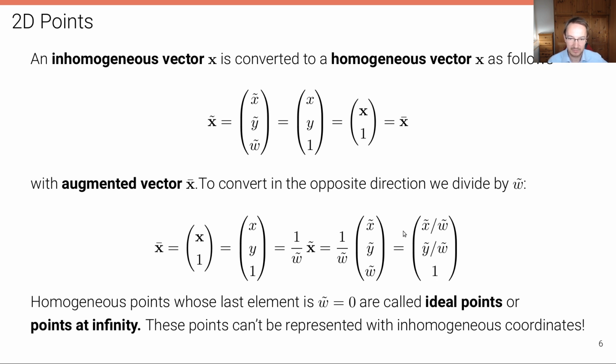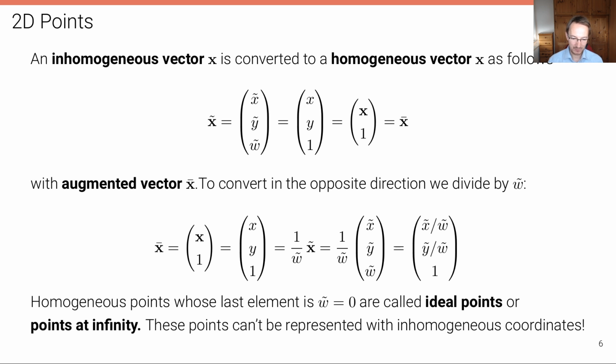And so this is then, as we see, an augmented vector, because by definition, the last element must be 1. So the inhomogeneous vector is x tilde divided by w tilde and y tilde divided by w tilde. So we see the relationship between the homogeneous, the inhomogeneous, and the augmented vector here all in one equation.